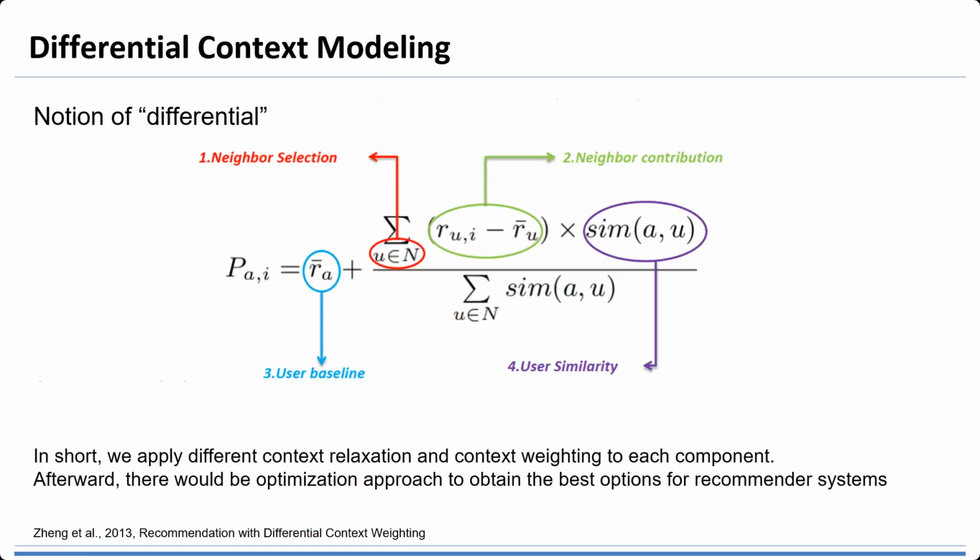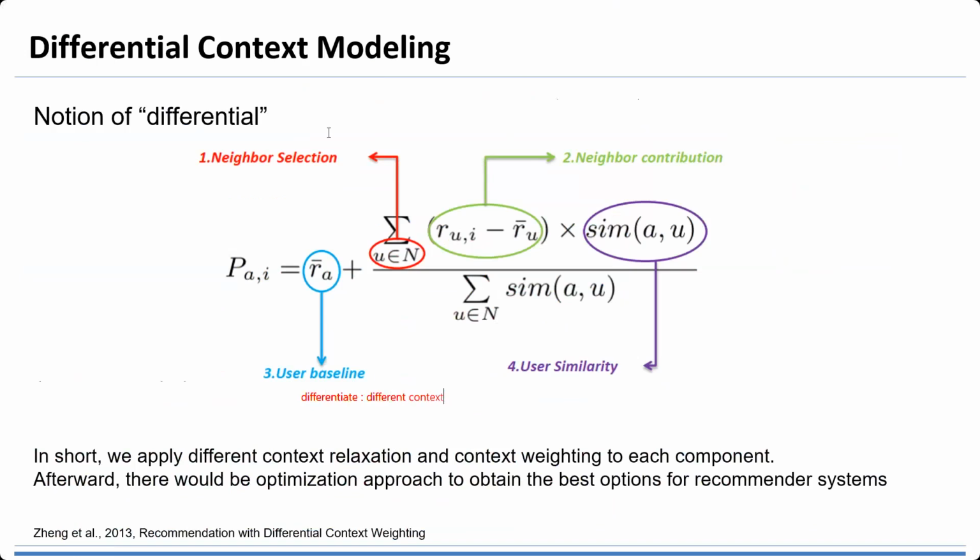What does it mean by differentiate? The user baseline can be differentiated to different contexts. So we do not use the common average. We use the average when the context is correct.